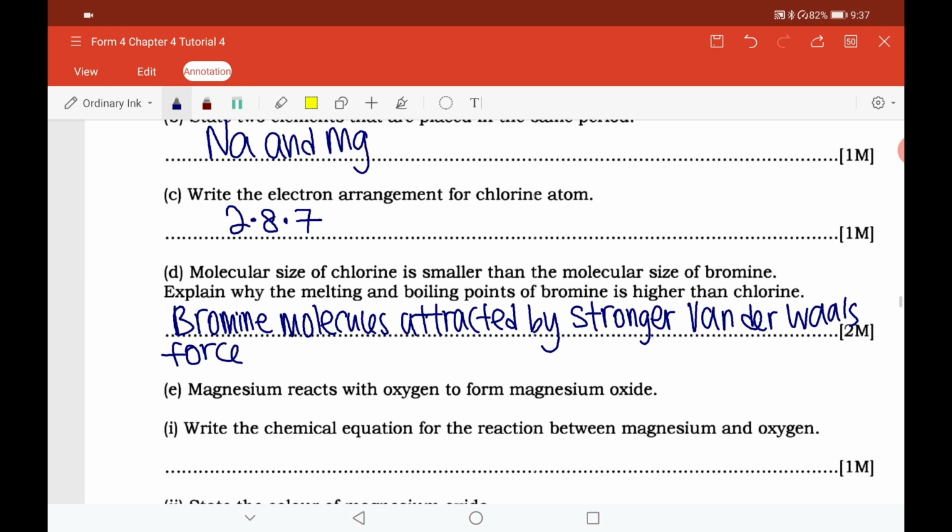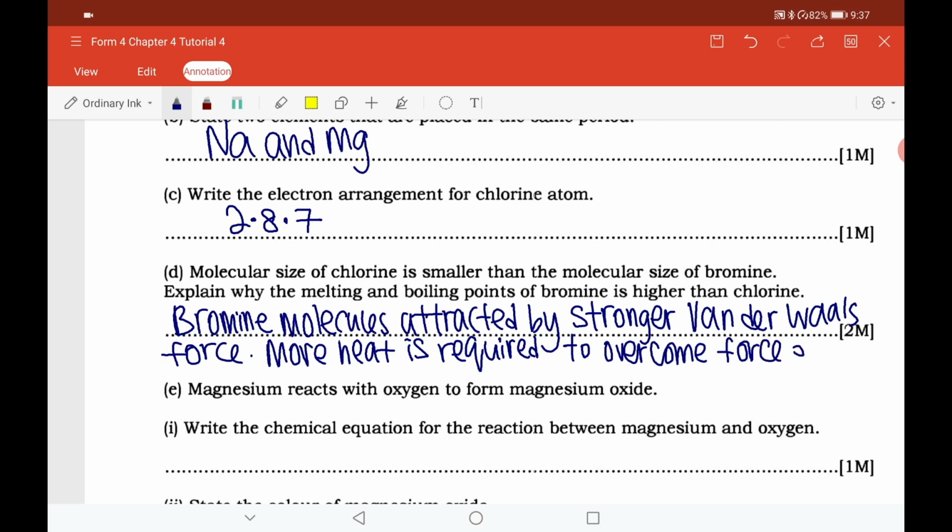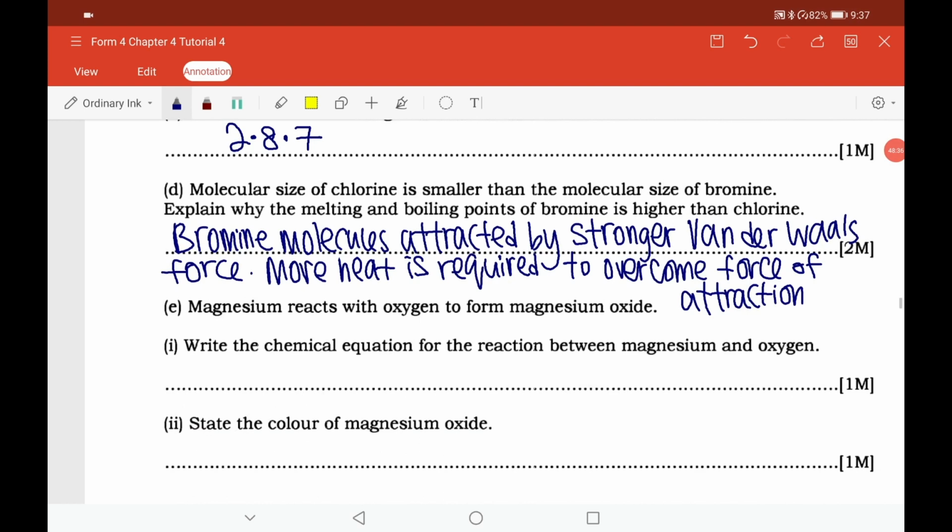Because bromine has a larger size, bromine has a stronger van der Waals force. Because bromine has a stronger van der Waals force, more heat is required to overcome the force of attraction. So we need more and more heat to overcome the force of attraction. So this is how we answer it. Alright, next one.